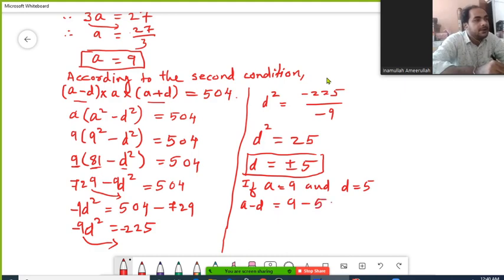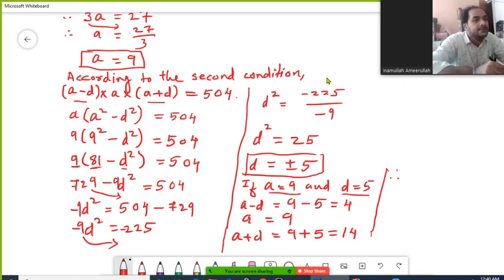So your first term will become 4, the second term is a, which is 9 itself, and the third term is a plus d. So the third term will become 9 plus 5, that will give you 14. So now if a is 9, d is 5, then the three required terms of this arithmetic progression are 4, 9 and 14.